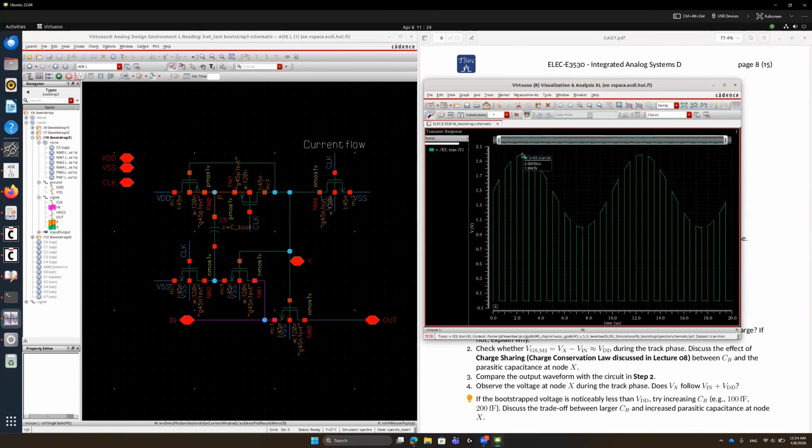Anyway, this one is swinging to 2 volt, which means that the VDS, drain to source voltage, is as high as 2 volt. I'm not sure this mathematical expression is correct in this case, but let's say it is.